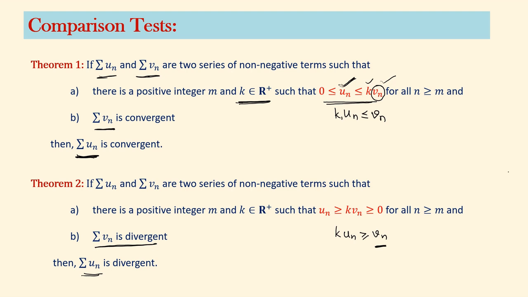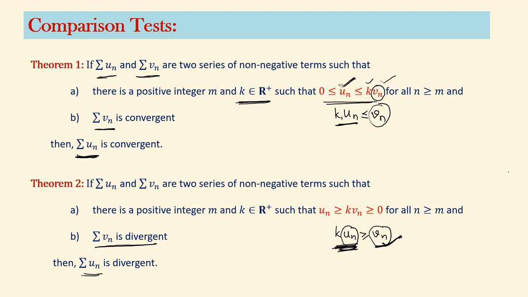Means each term of un is greater than or equal to vn and summation vn is divergent, then summation un should be divergent. So for convergence, if each term is less than or equal to corresponding term of convergent sequence, then this also converges. For divergence, if each term is greater than or equal to corresponding term of divergent sequence, then summation un is also divergent.